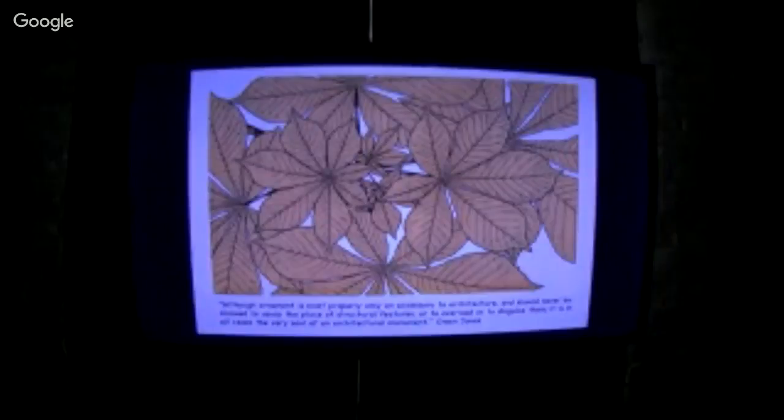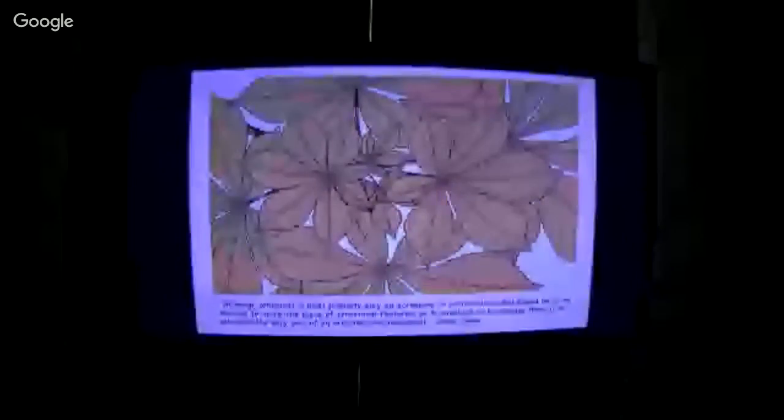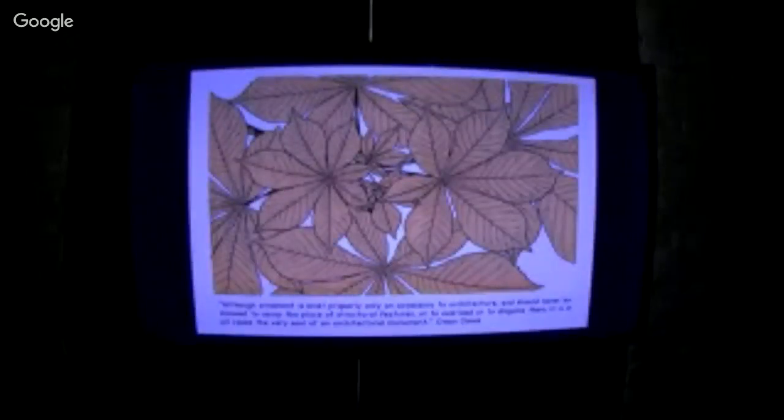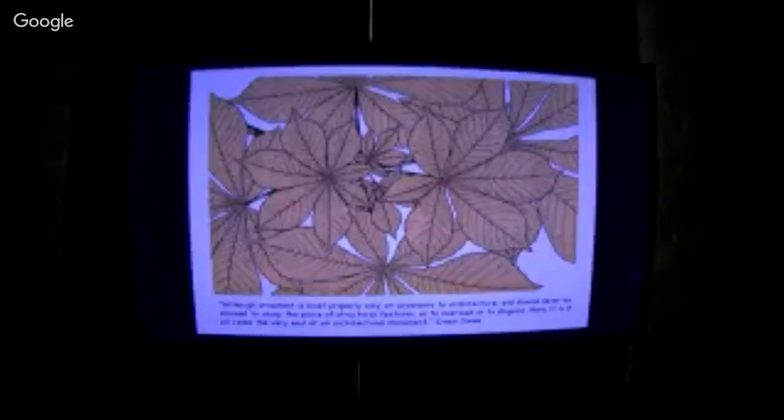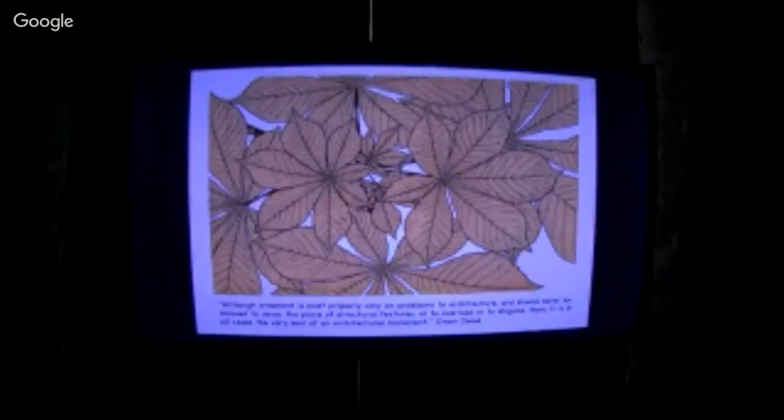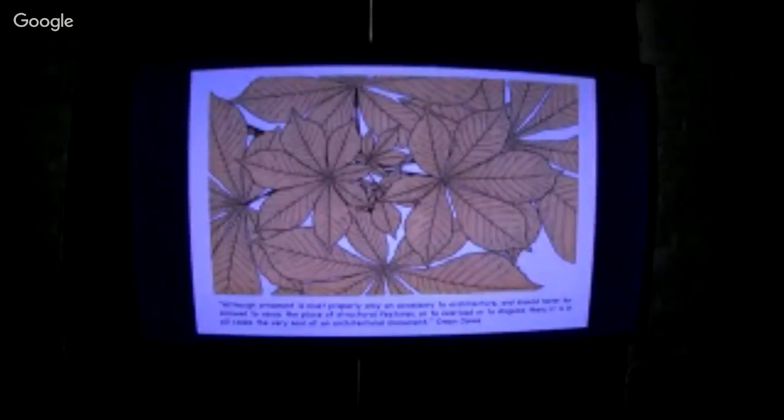Owen Jones said something very interesting for you as architects. He says the ornament is the very soul of an architectural monument. He says there is no architectural work without ornament. It's the very soul. This is what Owen Jones says.